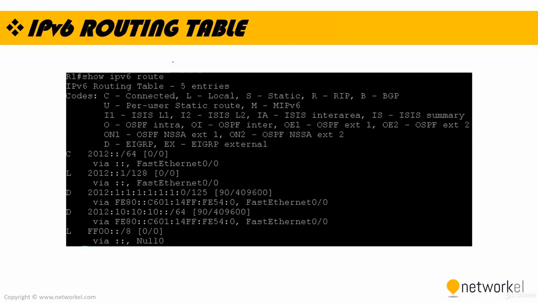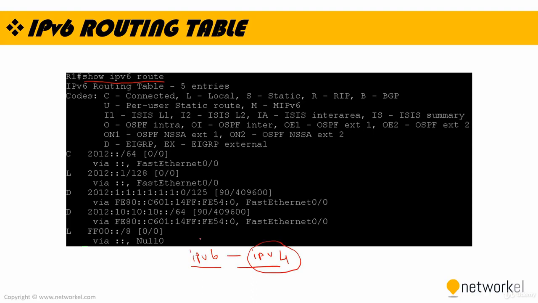If I want to display the IP version 6 routing table, I'm using the show ipv6 route command. In a router, IP version 6 routing tables and IPv4 routing tables are kept separately. If I want to display the IPv4 table, I'm using the show ip route command.